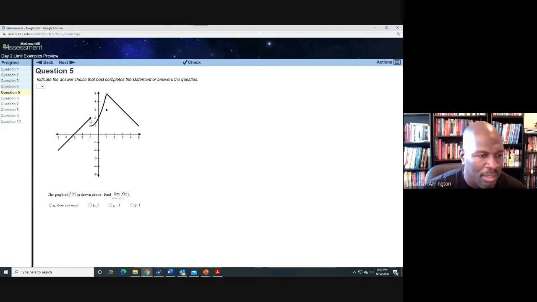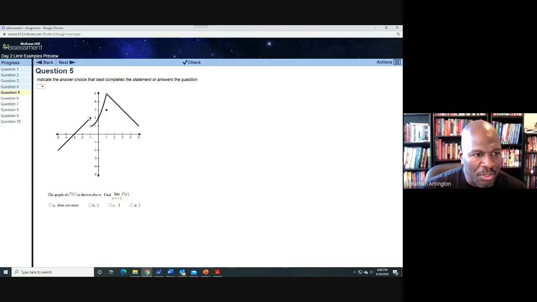Well, let's look at the behavior on the right. So here's negative 1. Let me go to the right of negative 1 and hop on the graph. I'm on the graph on the right of negative 1, and I'm going to stay on the graph and approach negative 1 from the right. Hopefully you can see that as I approach it from the right, it goes to the y value of 1.